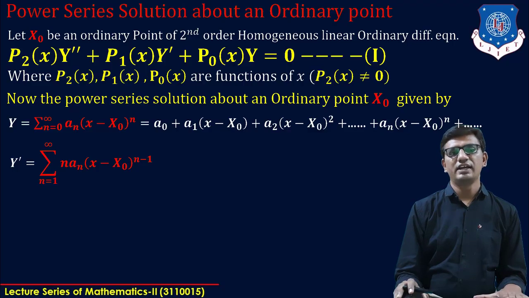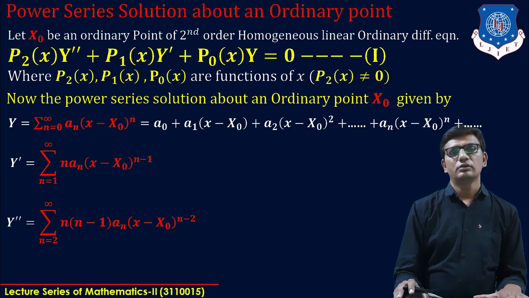Similarly, our y'' starts from n = 2, so it is sigma n = 2 to infinity n(n−1) a_n (x − x0)^(n−2). If we start this series for y'' from 0, then the first two terms will be 0.